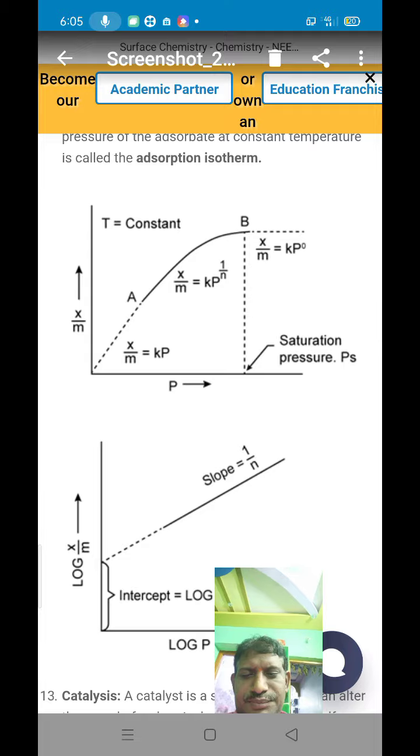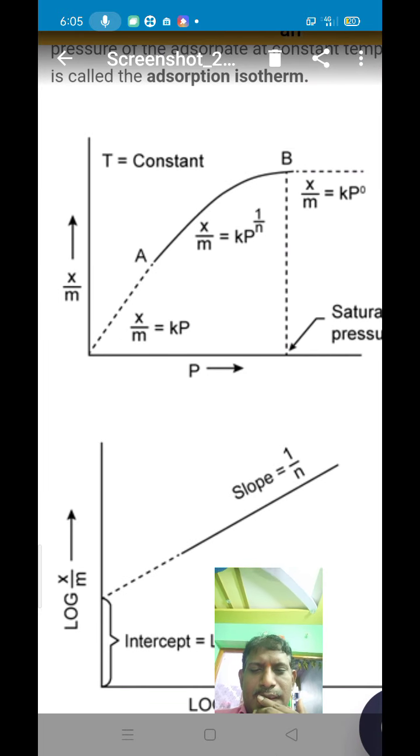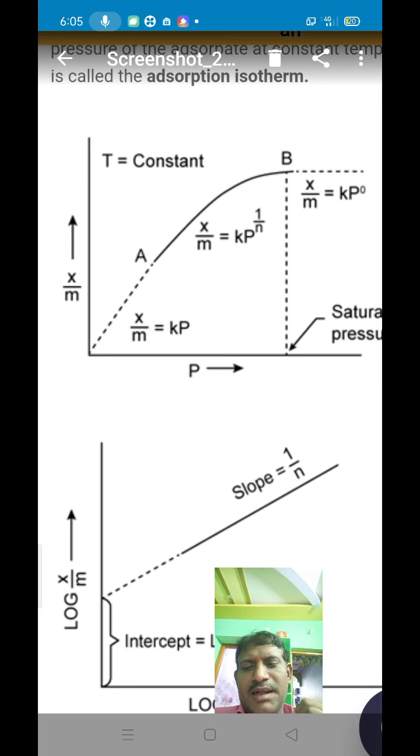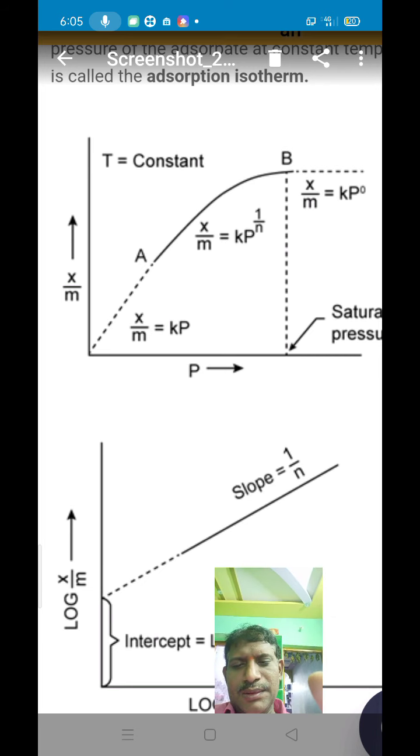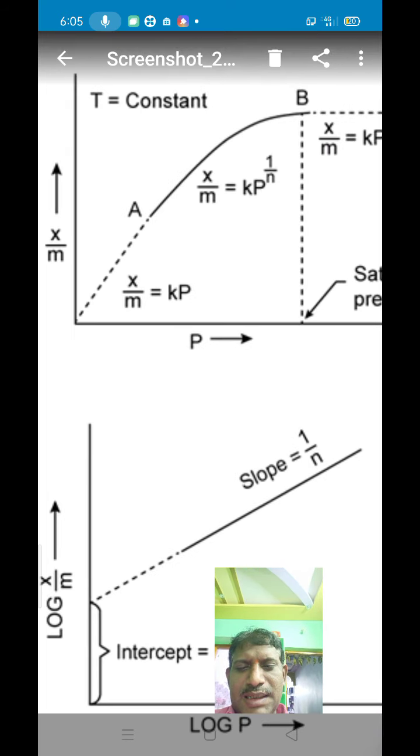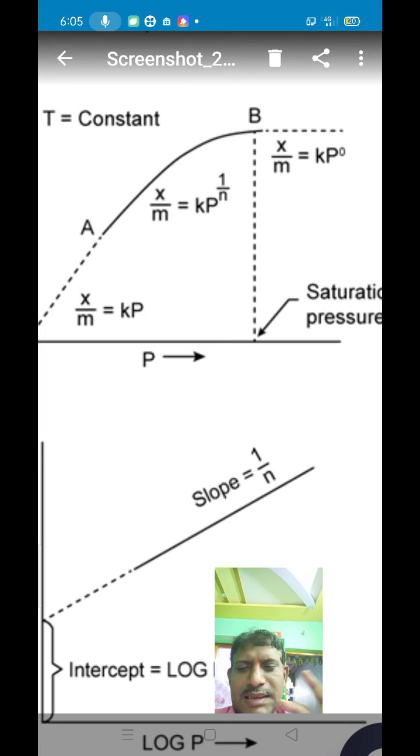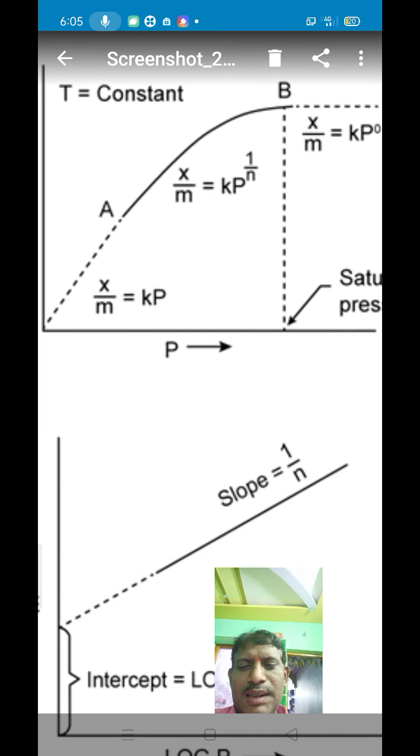See the diagram. In this diagram, pressure is taken on the x coordinate and the extent of adsorption on the y coordinate. At low pressures, the extent of adsorption x by m is directly proportional to pressure.